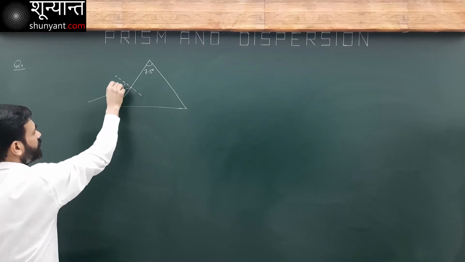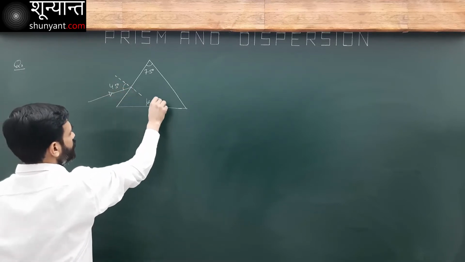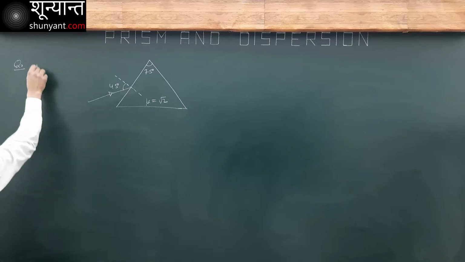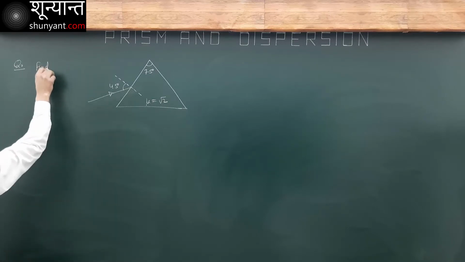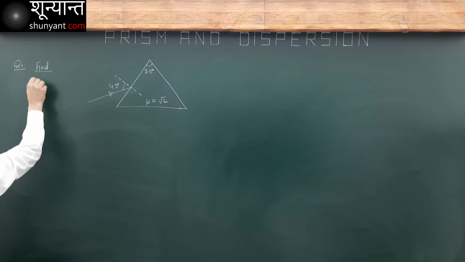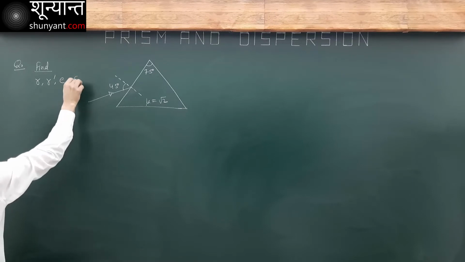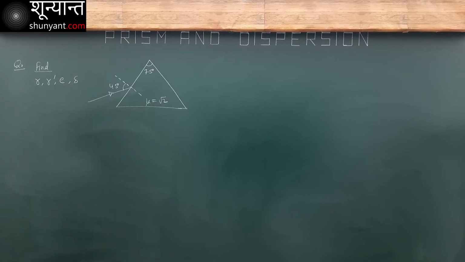This is 45 degree. Let's say mu is equal to root 2. Find r, r dash, e and delta. That's what we have to find.